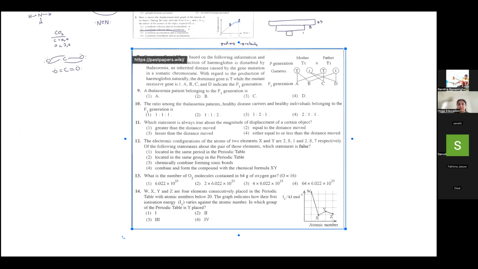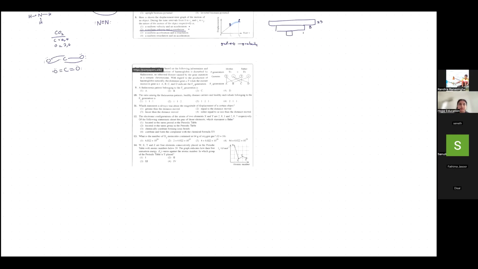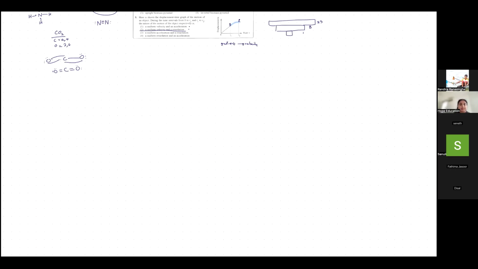I told you I will make a marking scheme. I actually made one. I made it for the Western Province and the Southern Province papers so far. I don't know if y'all got the papers and the marking scheme from the school, but I made one anyway. I will send it to you.